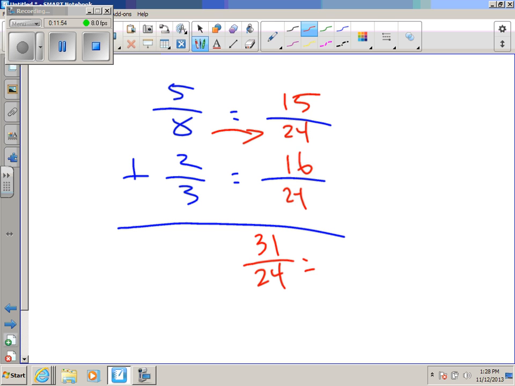Improper, I have to fix it once. Good so far. 1 and 7/24.